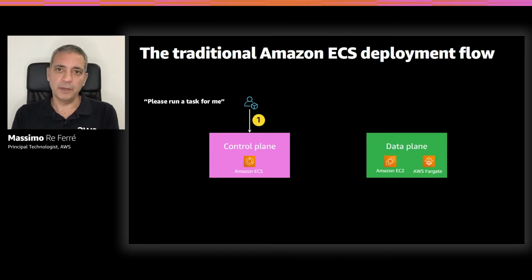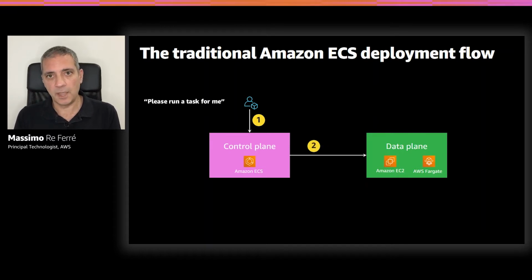The data plane is essentially the place where that task is going to come to life. In general, when you start an ECS task, it gets started on either EC2 or Fargate. But we will see how this can change with Amazon ECS Anywhere.